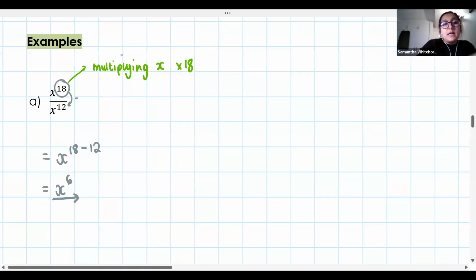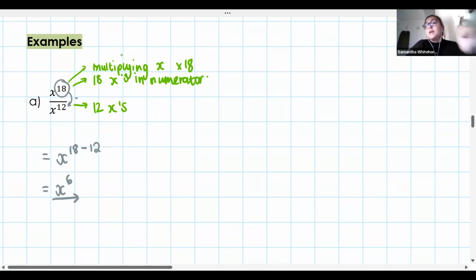And so what that means is I have got 18 x's in the numerator, and in the same sort of thinking, in the denominator, I've got 12 x's. Now, if you think about division, if you had 3 times 3 times 3 divided by 3 times 3, we know that whenever we divide something by itself, it's 1. So we can essentially cross cancel. And that's essentially how I like to deal with division.